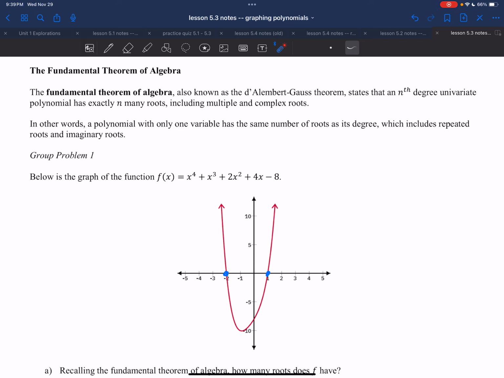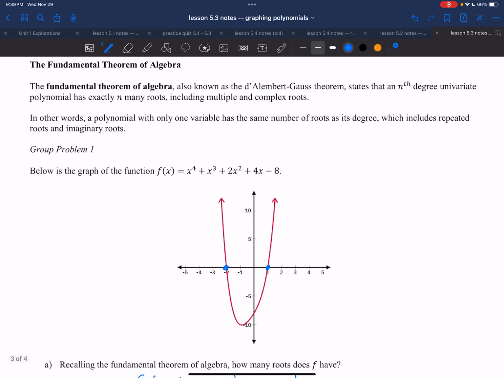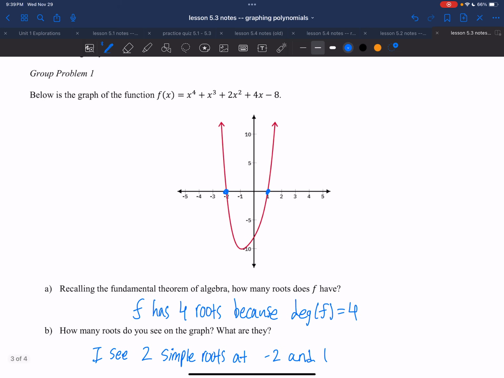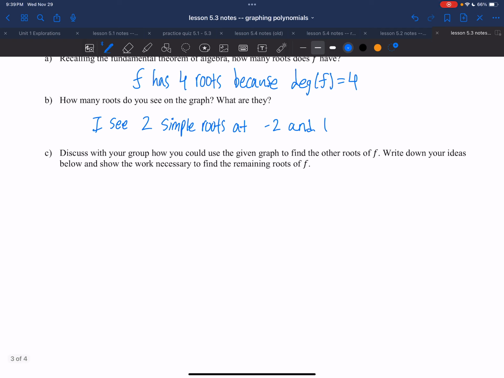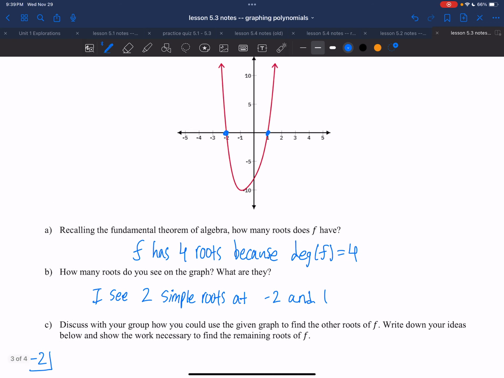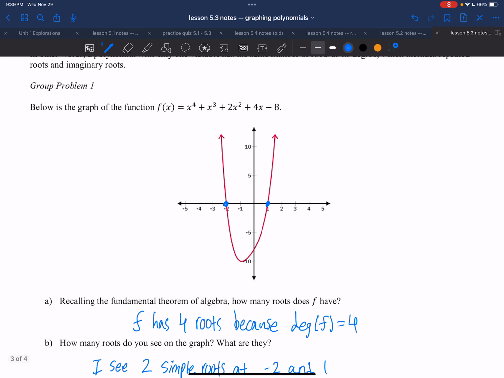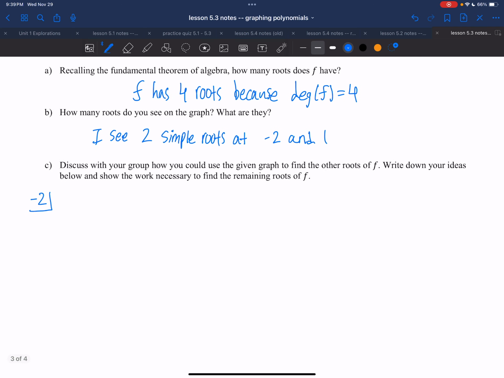Well, if we use one of the known roots, we might get a polynomial that is factorable. Notice the one I just circled was -2. So let's use -2 with synthetic division. If I go back to the polynomial, it's 1, 1, 2, 4, -8.